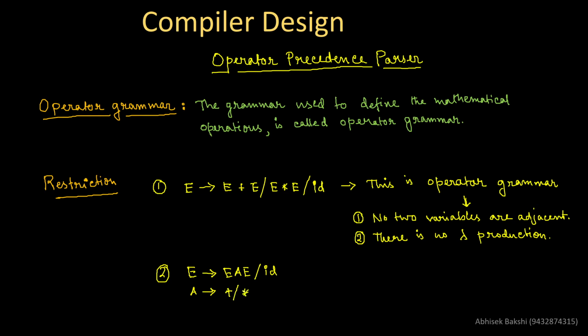Basically, I have written the same grammar, right? Just in place of A, I can have plus or I can have a star. But this is not an operator grammar.